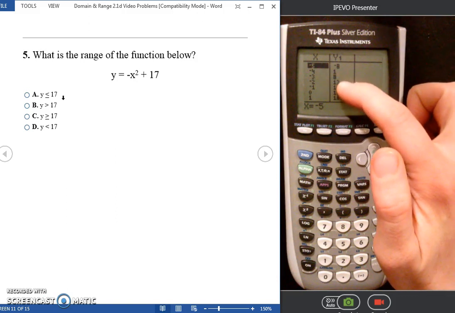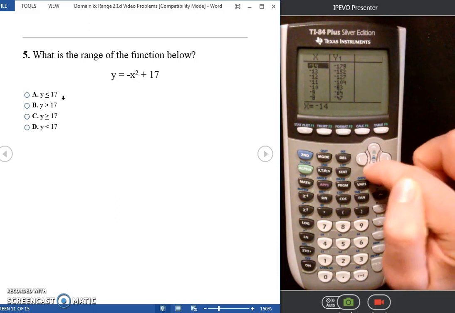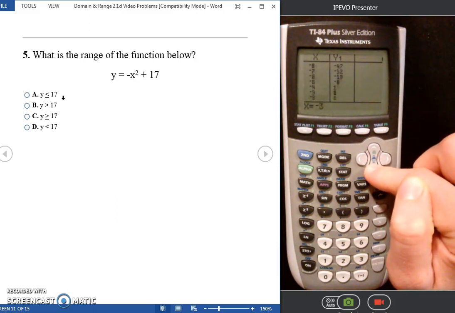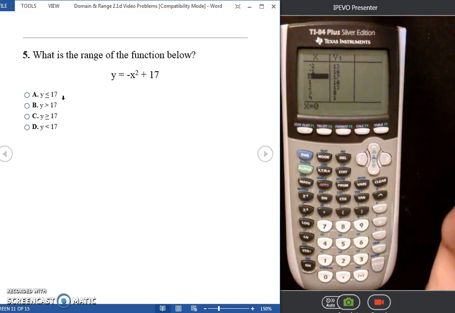All the numbers keep getting smaller and smaller than 17, and more and more negative. I can't find a number greater than 17, but I do have 17. So that means my range is going to be 17 and all the numbers smaller than it. So I'm going to have less than or equal to 17 for my range, which is choice A.